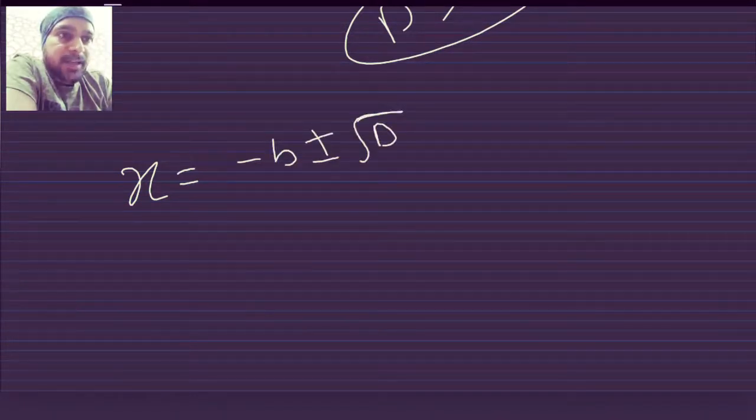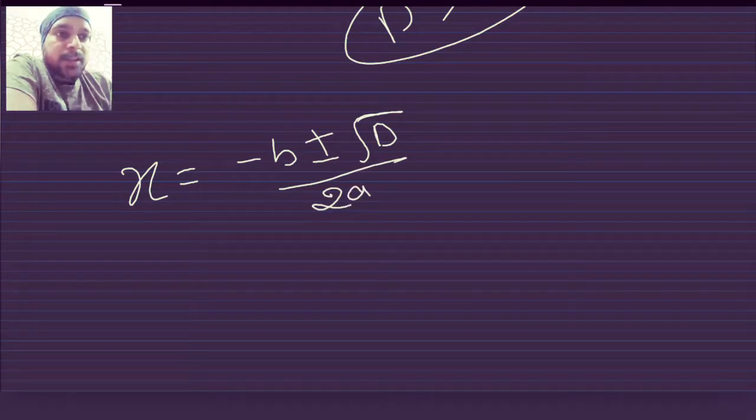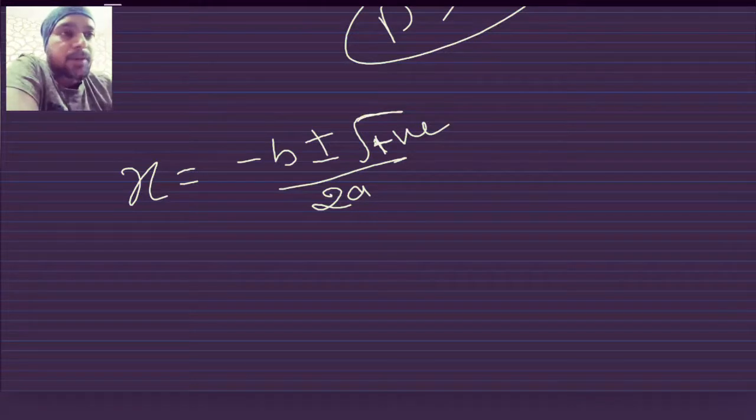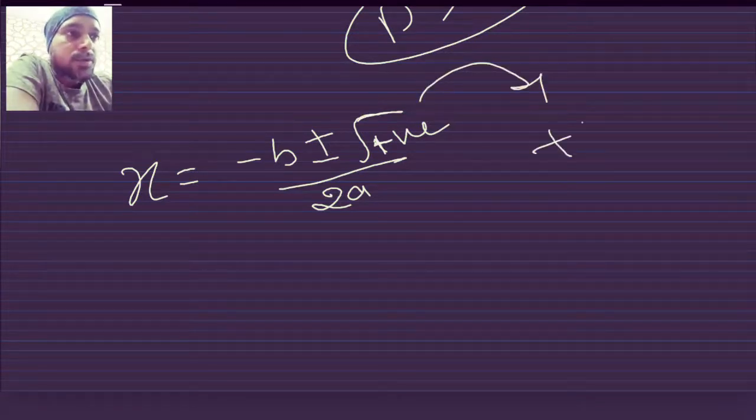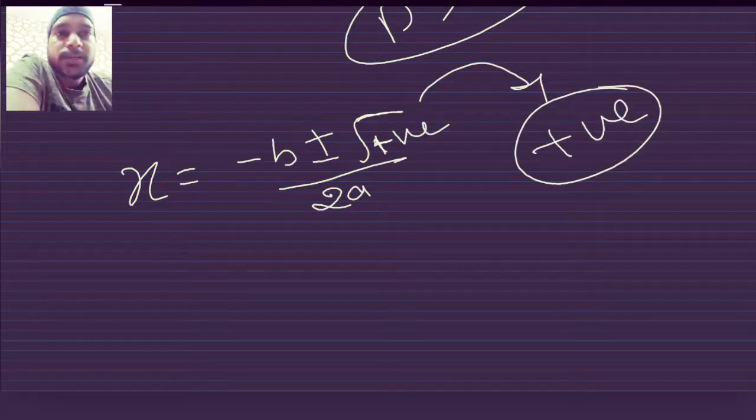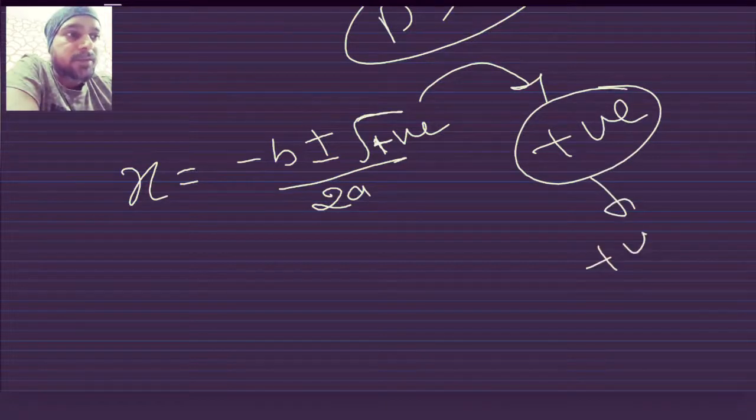So let's see. Now see, x is equal to minus b plus minus under root of discriminant upon 2a. Now this discriminant is basically a positive value. So in the under root it will be some positive number, and the square root of a positive number will be a positive number.